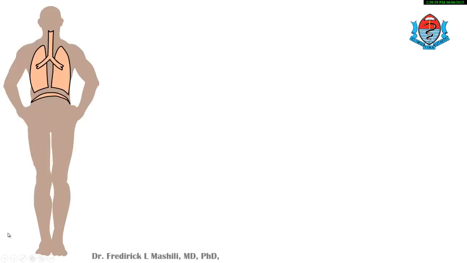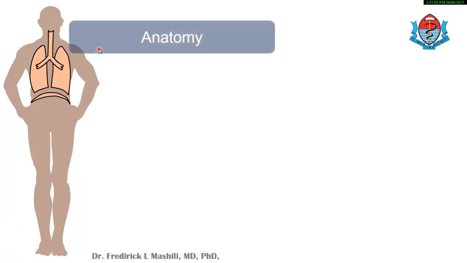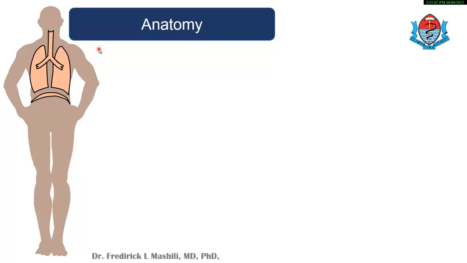As for any physiological system, one thing that you need to do is revise your anatomy. With the respiratory system, you also need to revise your anatomy. There are a lot of things that you need to understand, but I'm just going to mention some of the key things that you definitely need to go back and read before we start discussing the clinical concepts.